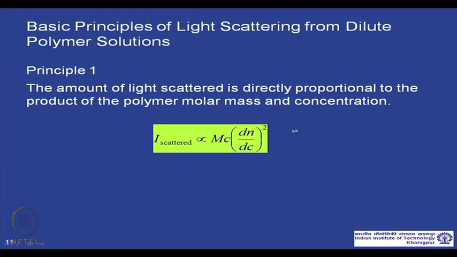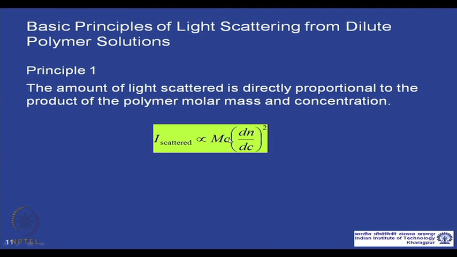So, as a basic first principle of light scattering, the amount of light scattered is directly proportional to the product of the polymer molar mass M, the concentration, and this term, the specific refractive index increment.